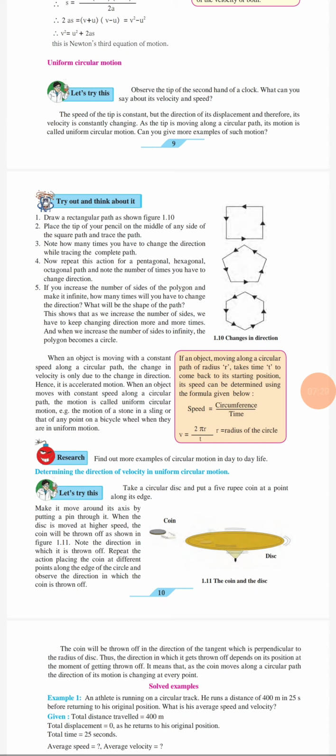The disc motion, the rotation, is the same, but the coin's direction is always changing, and for that reason the coin is thrown out from the disc. If the disc is not rotating and you put the coin on it, it will not be thrown out and will stay in a stable condition.